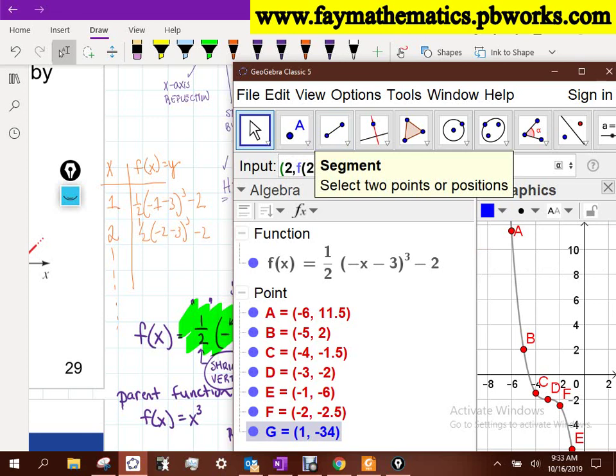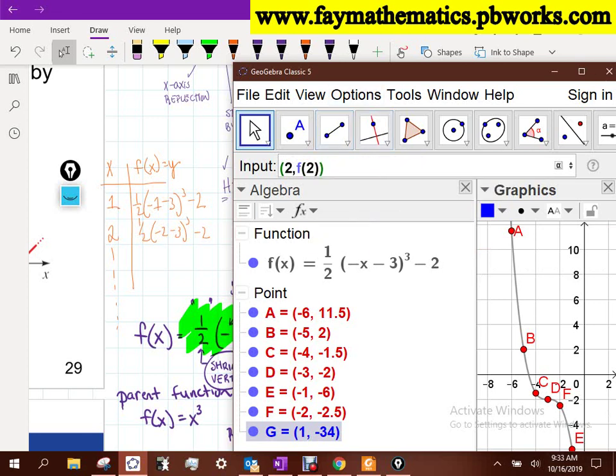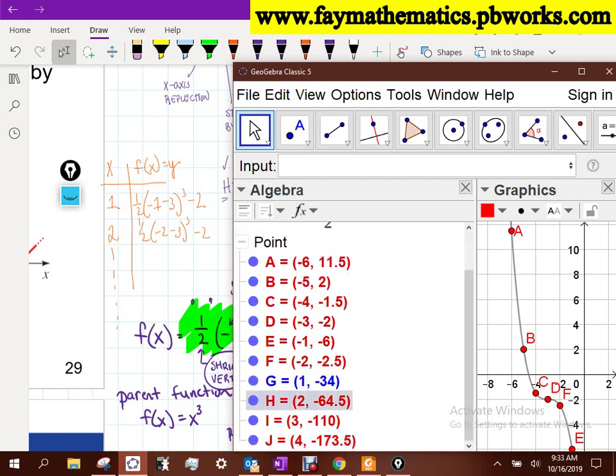What GeoGebra is doing here for me is actually going through the evaluation right here in this orange text. And then I try maybe 3, f of 3. And then let's go 4, f of 4. And I'm going to change all those to blue.